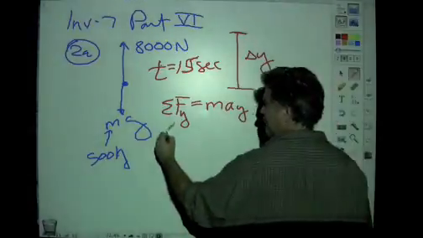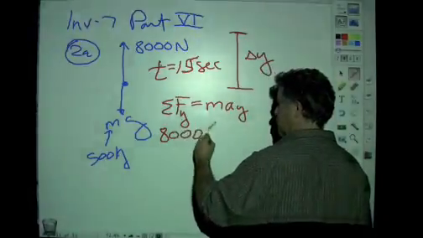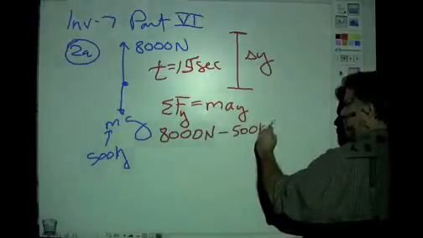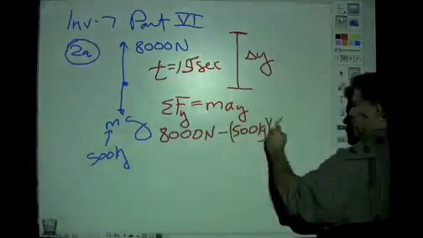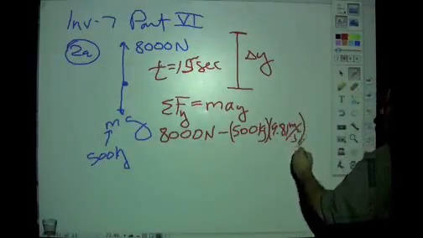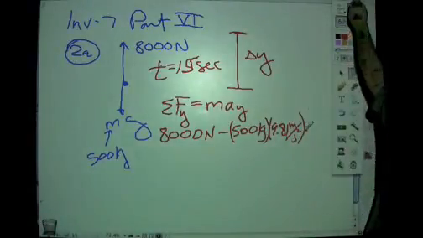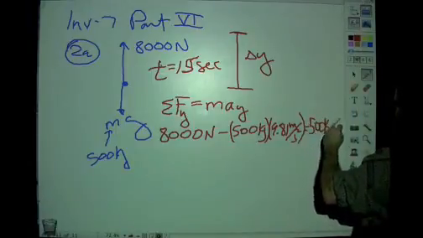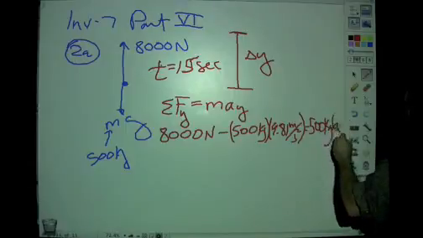And so I have 8,000 newtons minus 500 kilograms times 9.81 meters per second squared, equals my mass, which is 500 kilograms, times what I'm trying to find, a.